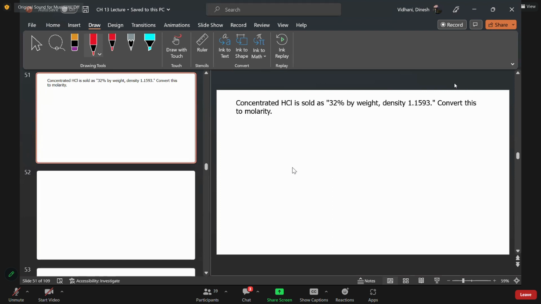That's 32% by weight. You are also given the density of hydrochloric acid, and you need to convert this into molarity. How would you do that? Think about it and let me know. I'll give you 2 minutes to think about it.